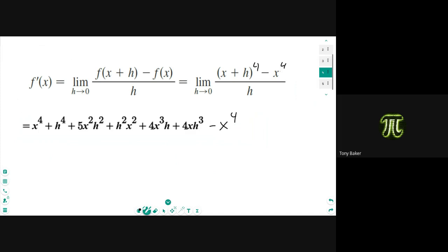Do you think it would matter if this was x to the fifth, x to the sixth, or anything else like that? It would be the same process, right? Okay. As long as everybody agrees with or believes that. So what's the first thing I can cancel out now? Right, I can cancel out the x to the fourth, right? Those are all going to be gone. And no matter what the exponent was, that was always going to be gone. What do you notice that every other term has in it now? An h. So let's pull that h out.